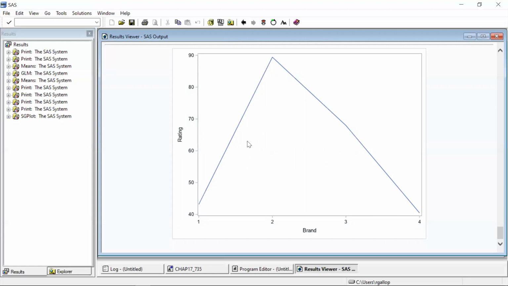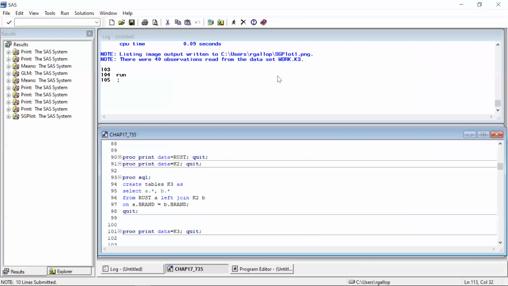It's not. We see this big jump from brand 1 to brand 2. So looking at this mean profile line, I'm beginning to get some sense of going to reject that null, which obviously we already know the result.